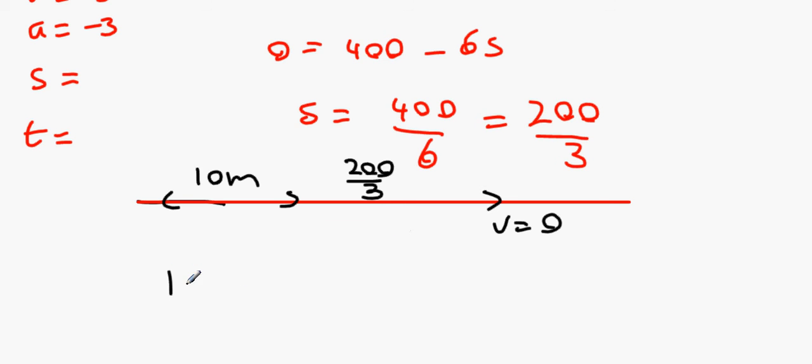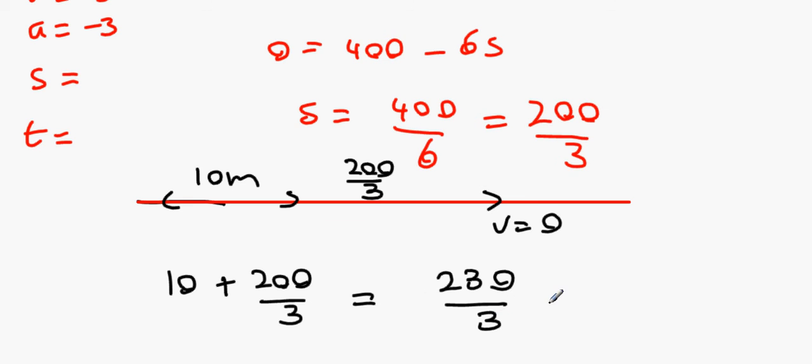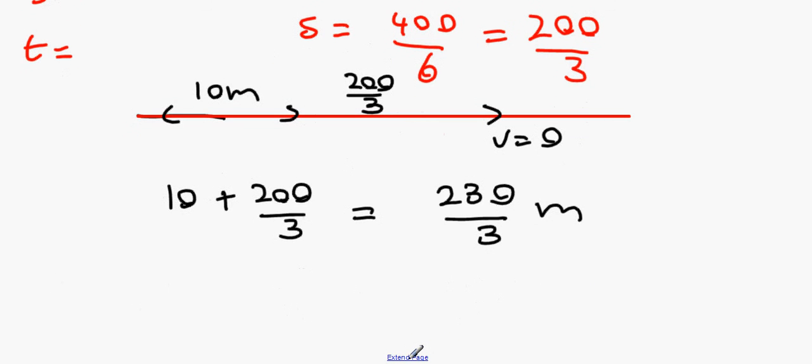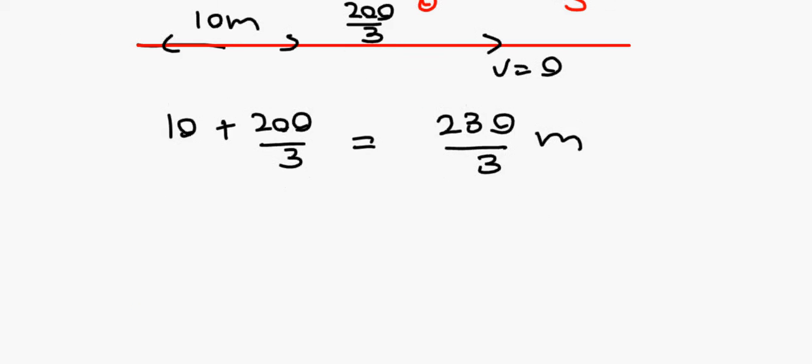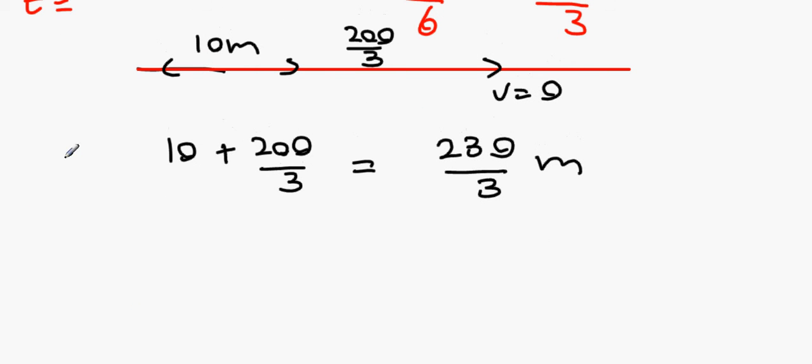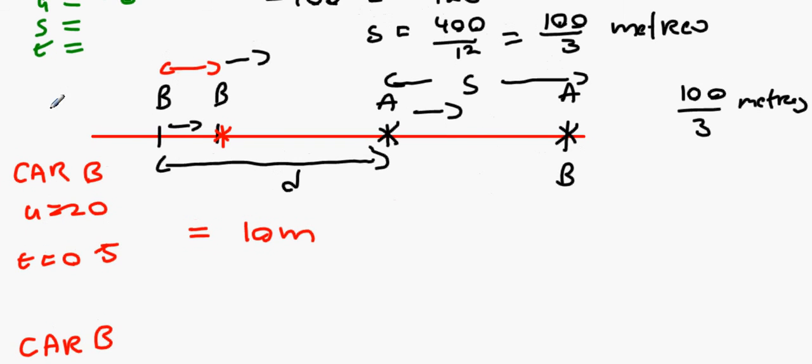So 10 plus 200 over 3 equals 230 over 3 meters. That's how much distance it took B to stop. And what we know is that A covered 100 over 3 and B needs 230 over 3.